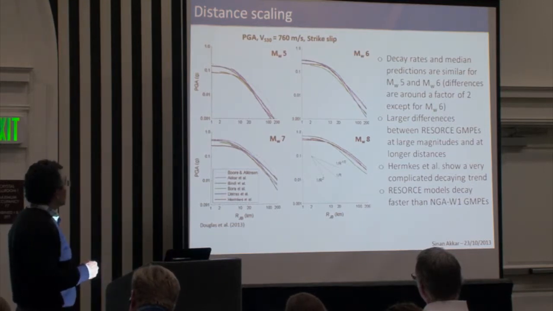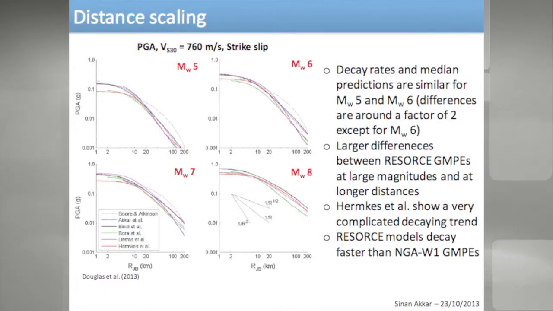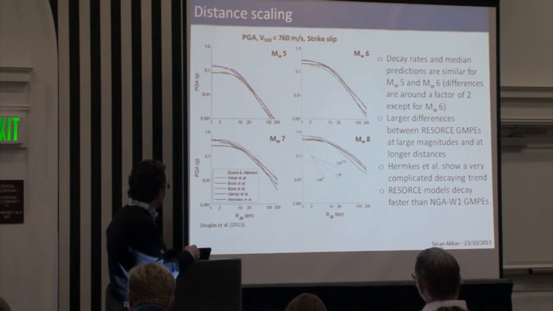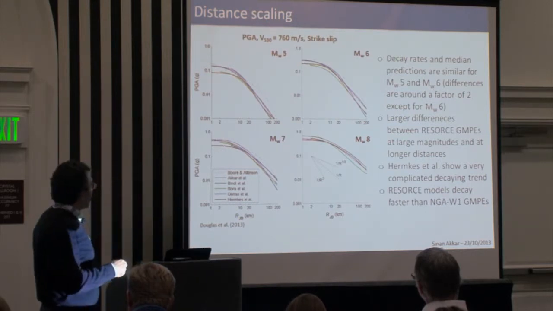So I'm showing the comparisons for peak ground acceleration for a generic rock-site strike-slip earthquake. The estimations of these 5 models in terms of distance.